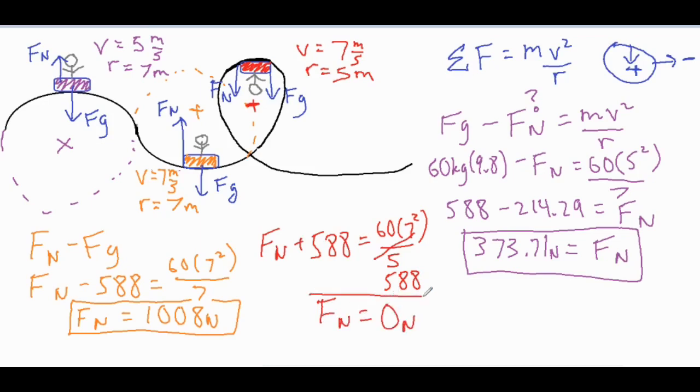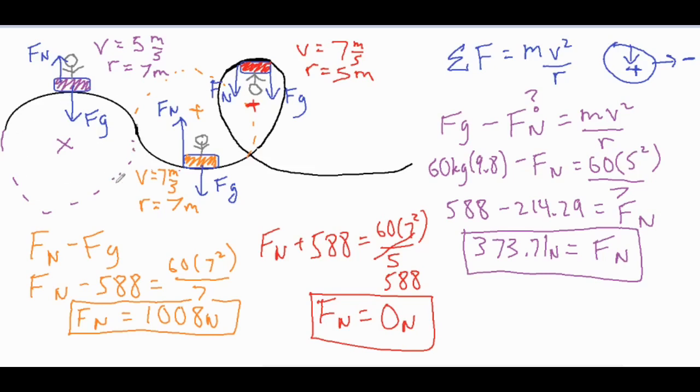So at that particular moment, they feel weightless based on the velocity that they're moving and the radius of the circle. So when performing these circular motion type problems, what you want to do is make sure you sum up all your forces, make sure all the ones that are positive are the ones that are pointing towards the center of the circle, but of course you have to identify what your circle is.